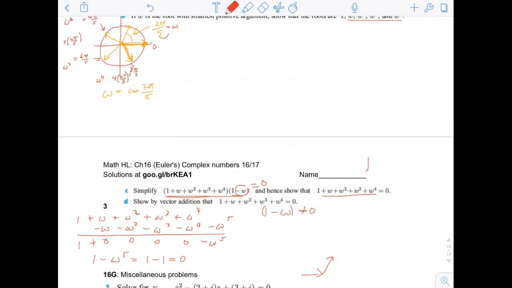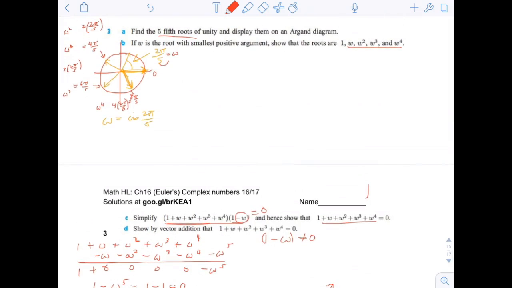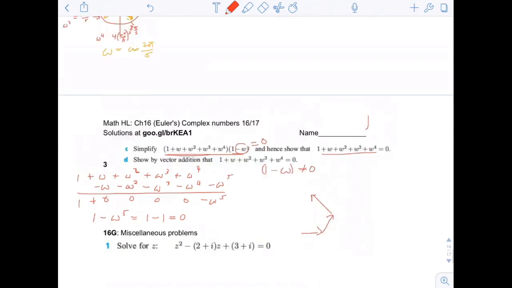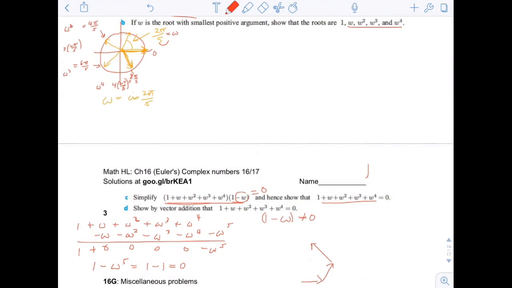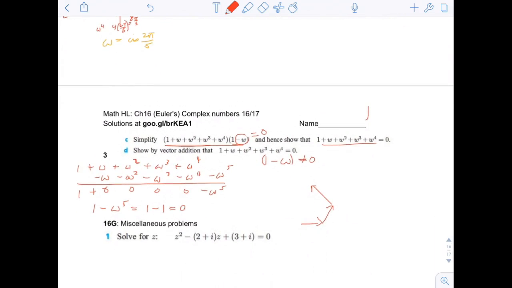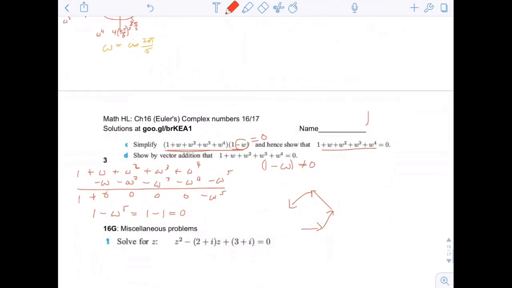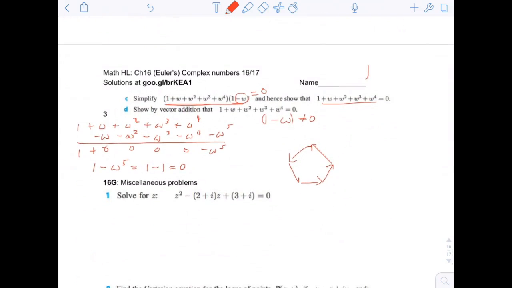And then 4 pi over 5 is about like that. And then 6 pi over 5 is about like that. And then 8 pi over 5 is about like that. And do you see how it makes a perfect pentagon?